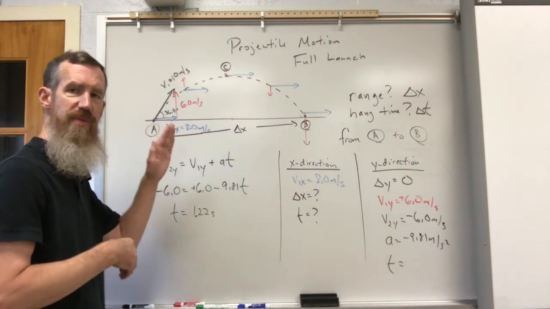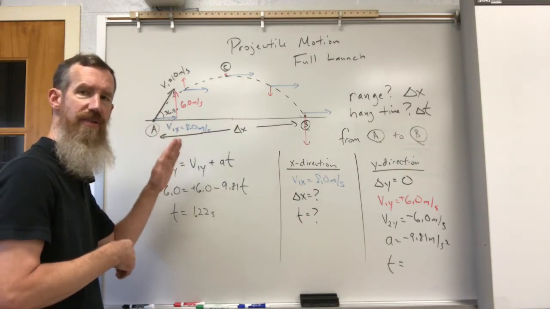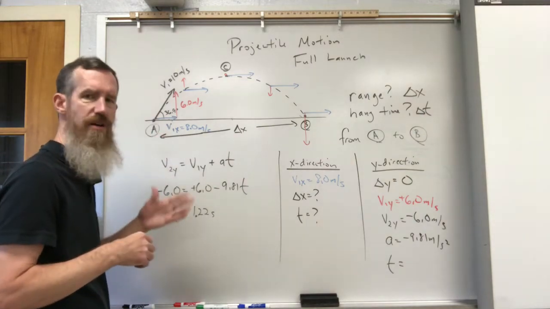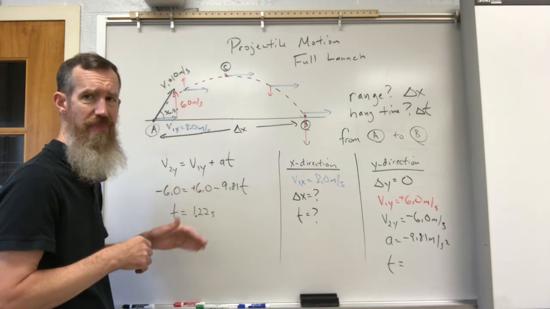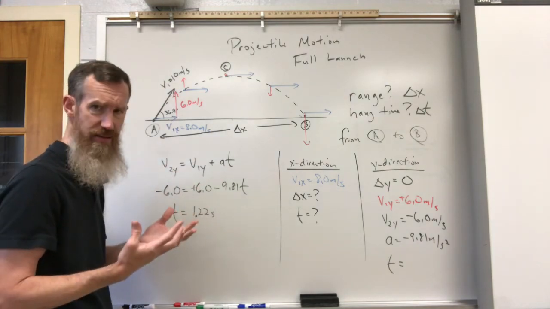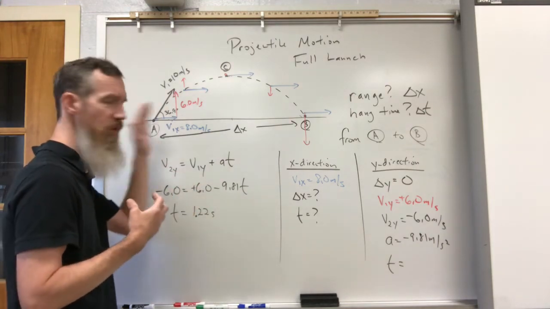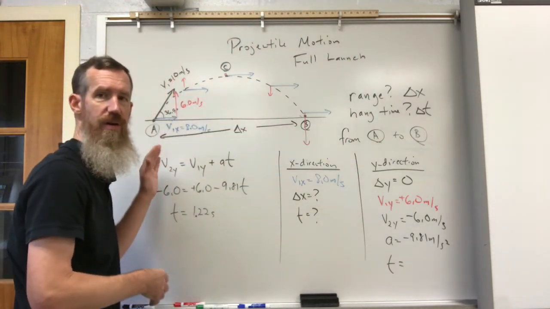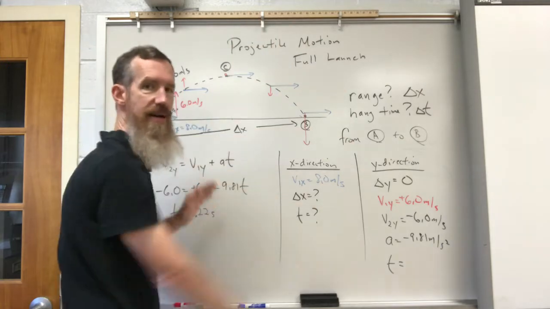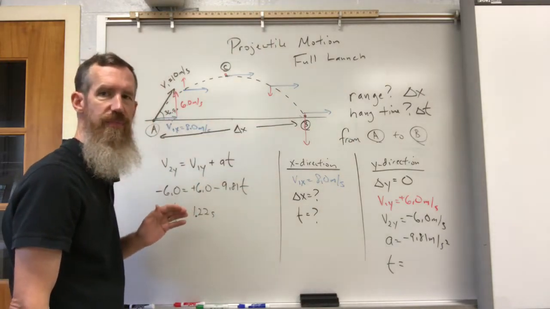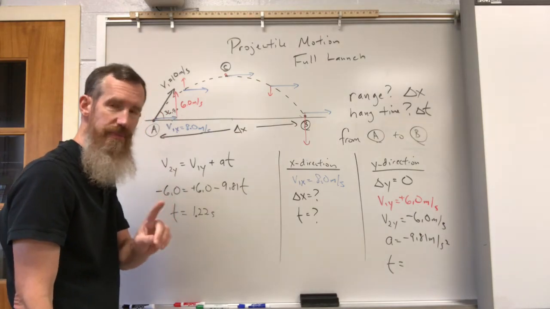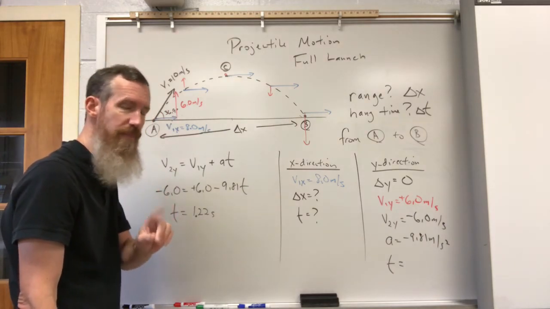Because 45 degrees splits that 90-degree angle right in half, and at 45 degrees, it's not the maximum Y velocity, no. It's not the maximum X velocity, no. But it is the perfect balance of X and Y initial launch velocities to get you the furthest. No, wrong, back up. I misspoke.